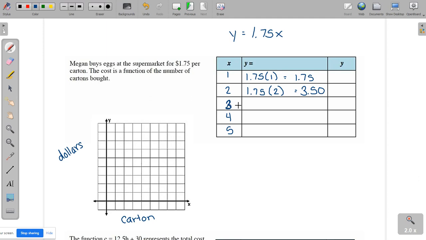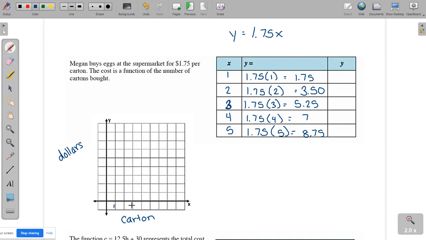If we buy 3 cartons, that would be $5.25. If we buy 4 cartons, that would be $7. And lastly, 5 cartons for our points will give us $8.75.